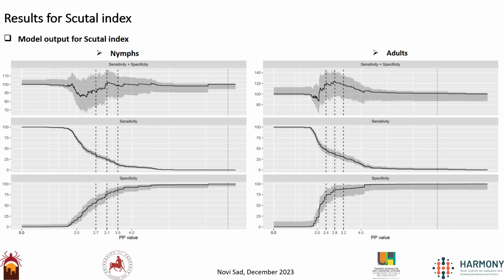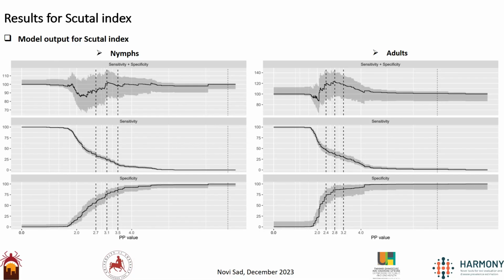The central line, the line of 3.1, indicates that the optimal cutoff point that maximizes the sum of sensitivity and specificity for nymphs is a scrotal index of 3.1. And we have a range of 2.7 to 3.5 as a confidence interval around this value.